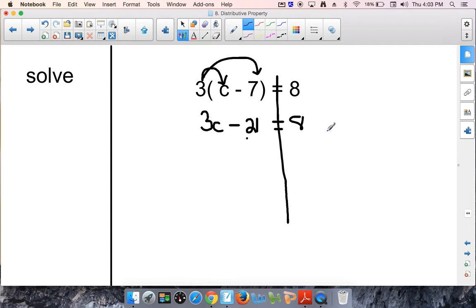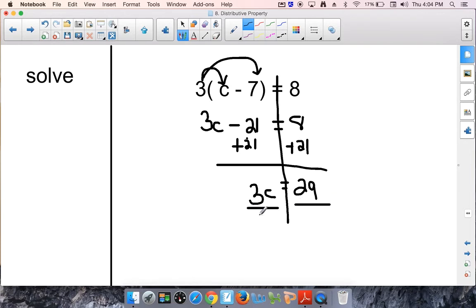Now I need to solve. So add 21 to both sides. 8 plus 21 is 29. Equals 3c. Divide by 3.